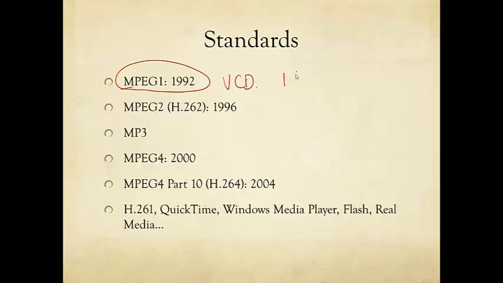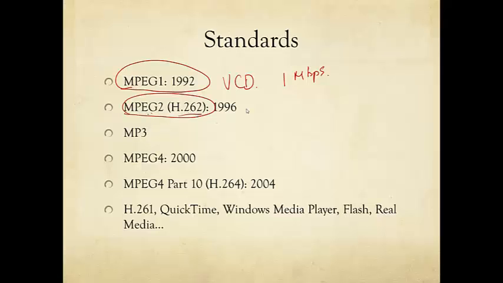Okay. And we're talking about something like 1 megabit per second bit rate for encoding and playback. Then MPEG-2, which is also called H.262, because there's a United Nations ITU, International Telecommunication Union, standardization body that names a bunch of standards H. something. Okay.